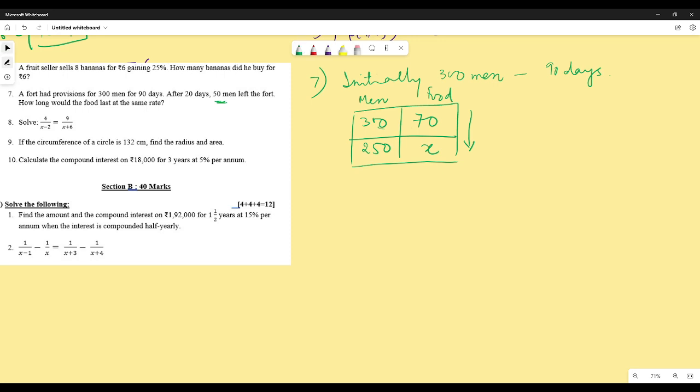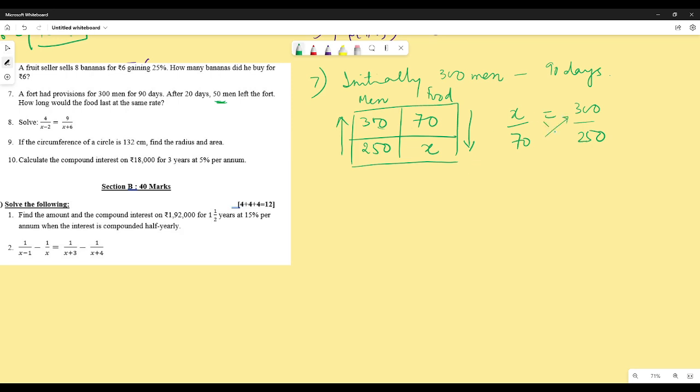If men are decreasing, the food will last for more days, which means that if one quantity is decreasing, the other is increasing. So this is an inverse variation, right? With inverse variation, we point the arrows in opposite directions. And as you know, the arrowheads always go in the numerator. So you have x by 70 equals 300 by 250.